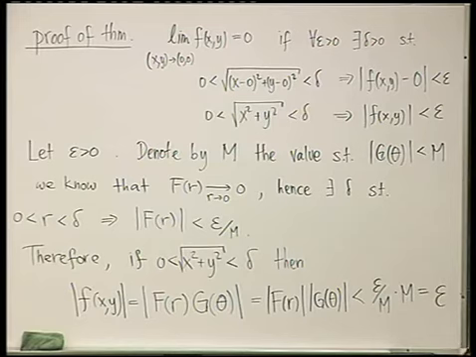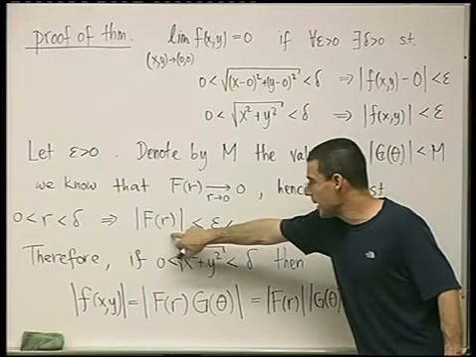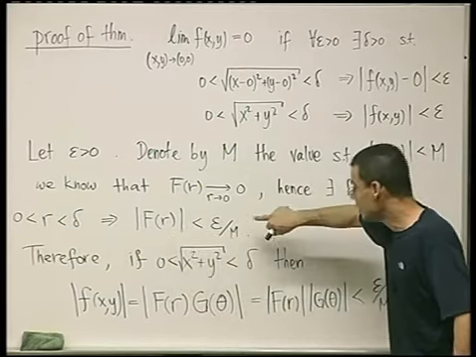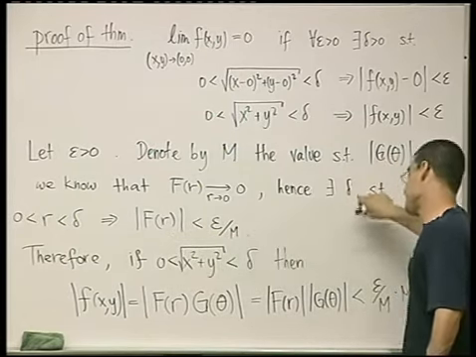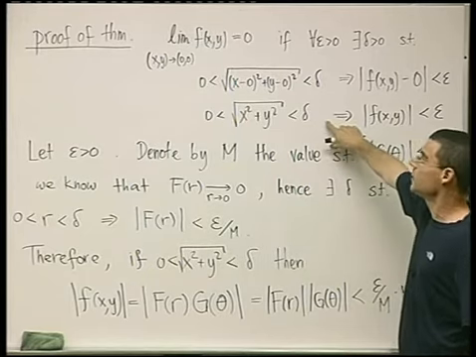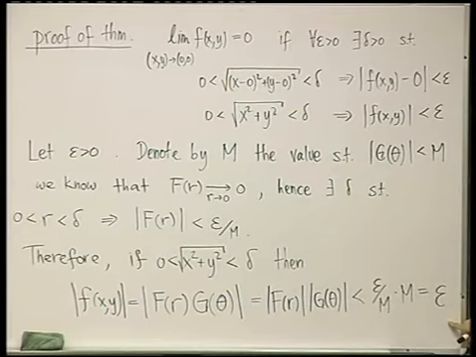And that's epsilon. So we showed, using the delta provided by the convergence of f and using epsilon over M, the definition of the limit for f of xy. Okay? Good? Any questions? Okay.